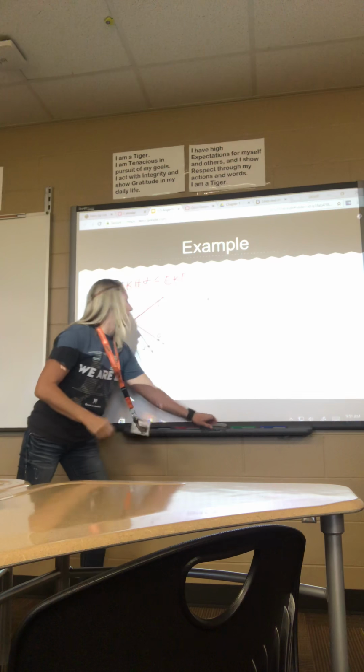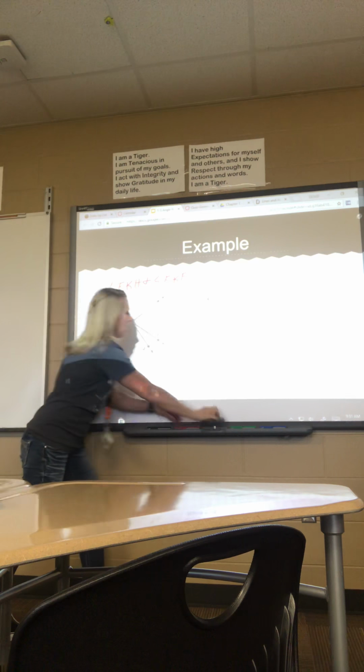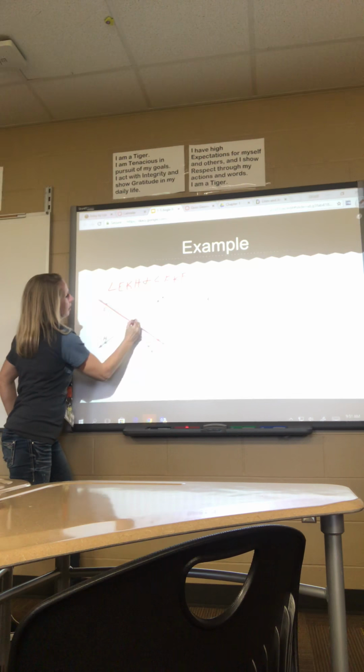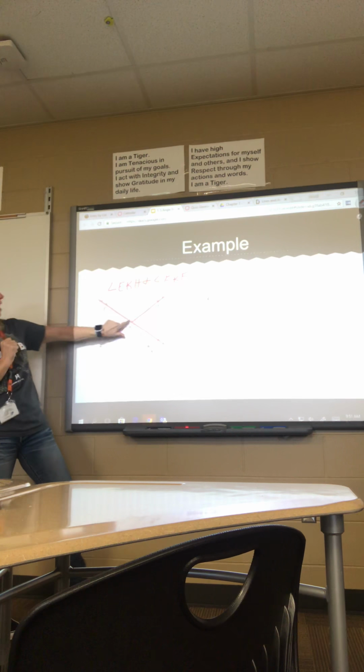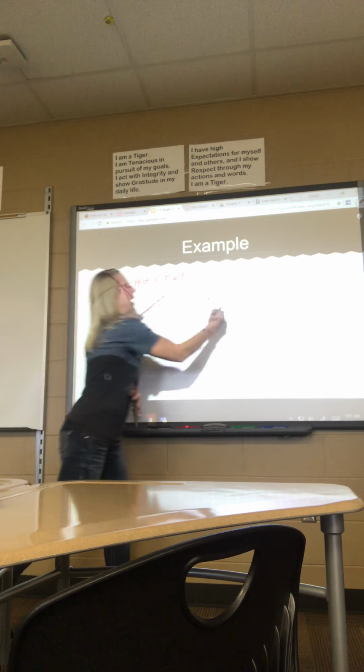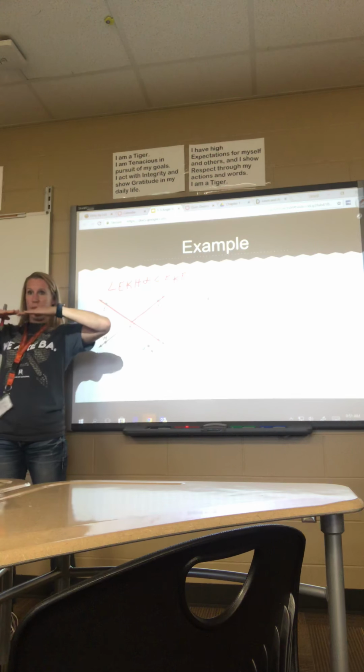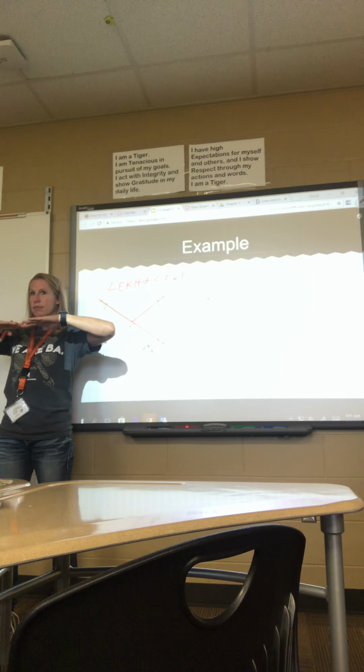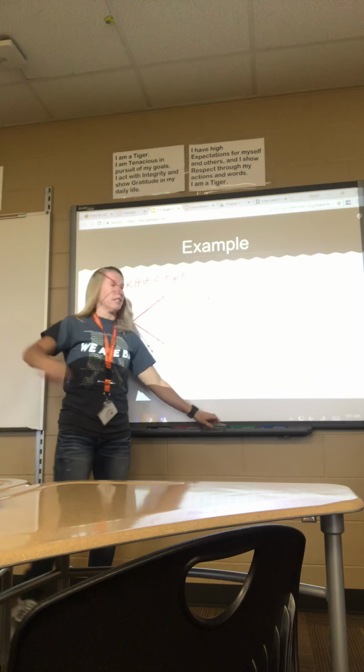But there's lots of lines. I don't have to do that one. I could go this way. Do you guys see this one? Yeah. EKF, FKG. So as long as you have a pair of angles that make a straight line. Yeah, vertical angles not adjacent. Good.